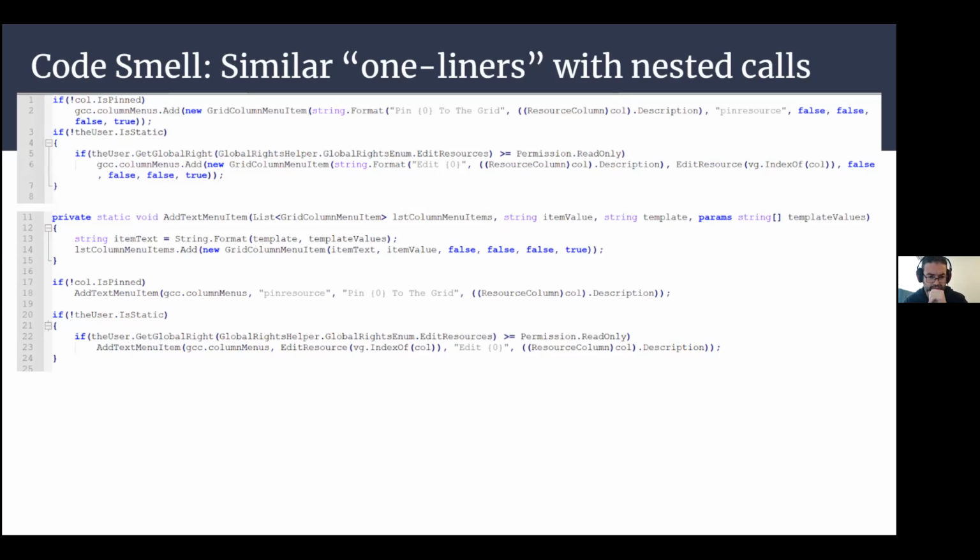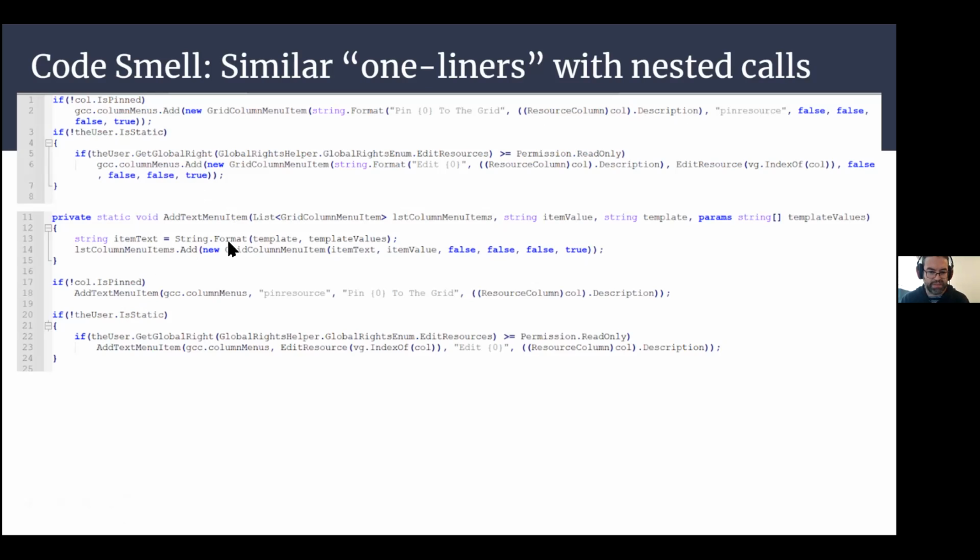So what we did here is we created a method called add text menu item. Although it's not visible here, what this is doing is adding items to a menu, and they were always called with false, false, false, true, for instance.